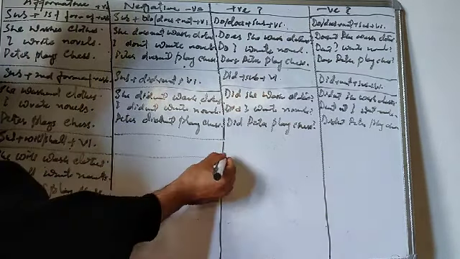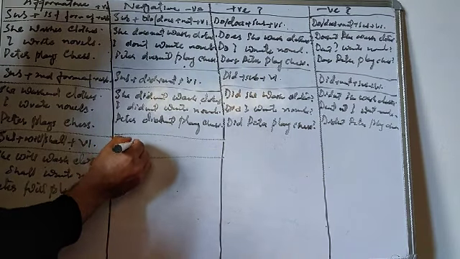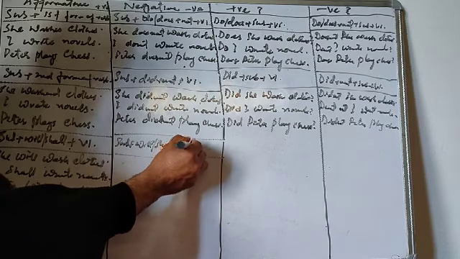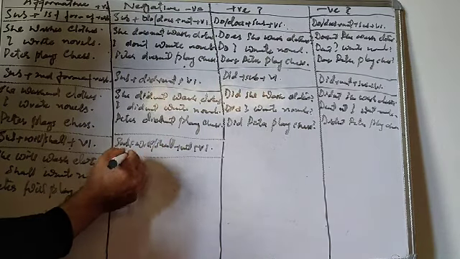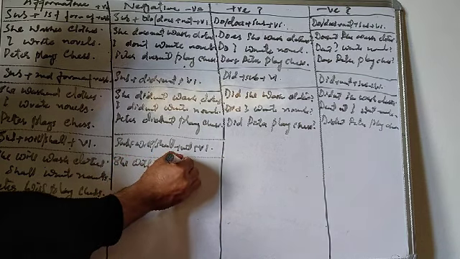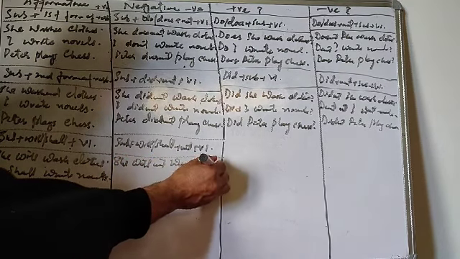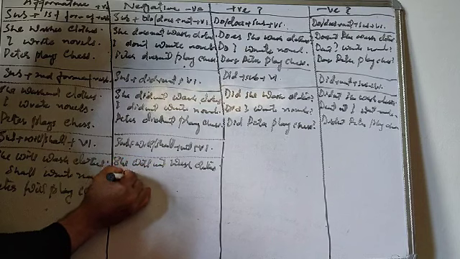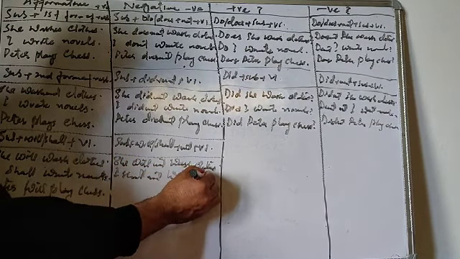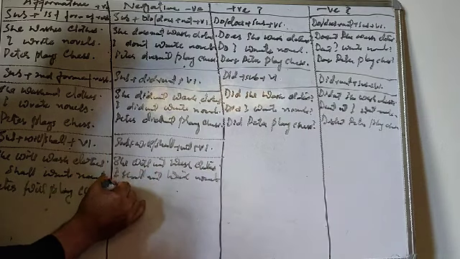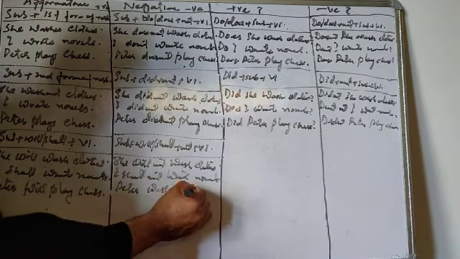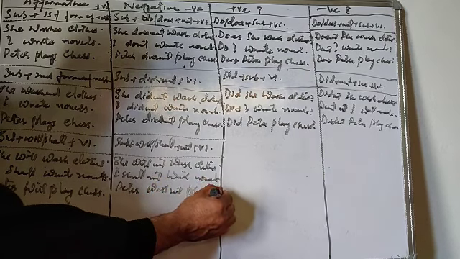Okay, let us make it negative. It would be like this: subject plus will, shall plus not plus V1. She will not wash clothes. I shall not write novels. Peter will not play chess.